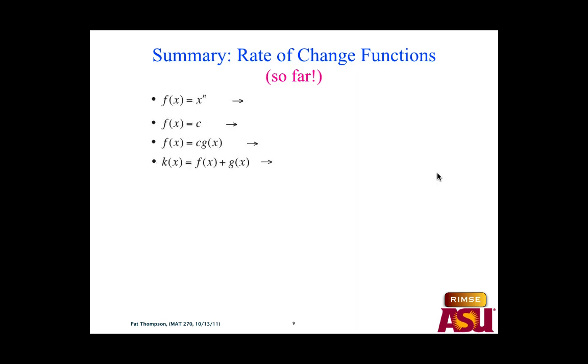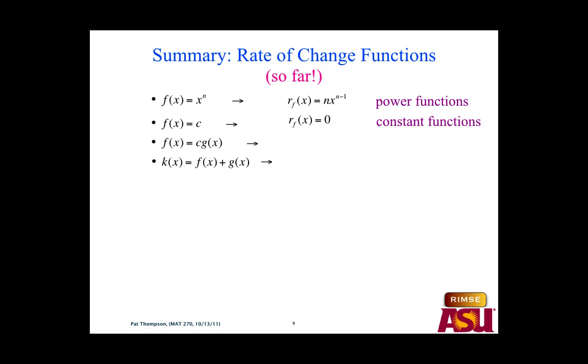All right, so rate of change functions. We have our power rule and our constant function. So these are specific function types, a constant function or a power function. Then the bottom two below this are variations on a function. You can think of that next one as a coefficient: a constant multiple.